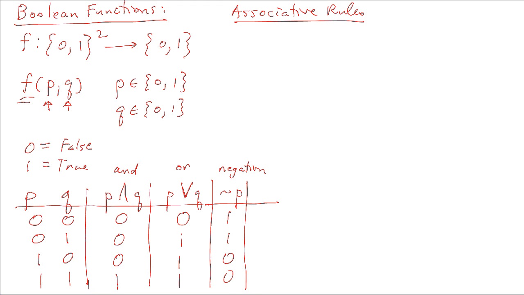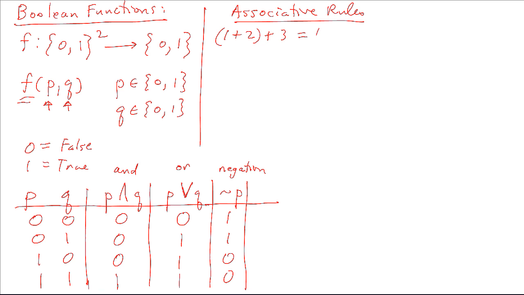Basically it's a lot like algebra with numbers. When you're adding 3 things together, you don't have to put parentheses around them. So for example, 1 plus 2, if I add those 2 together and then add 3 to that, it doesn't matter the order I do it in.